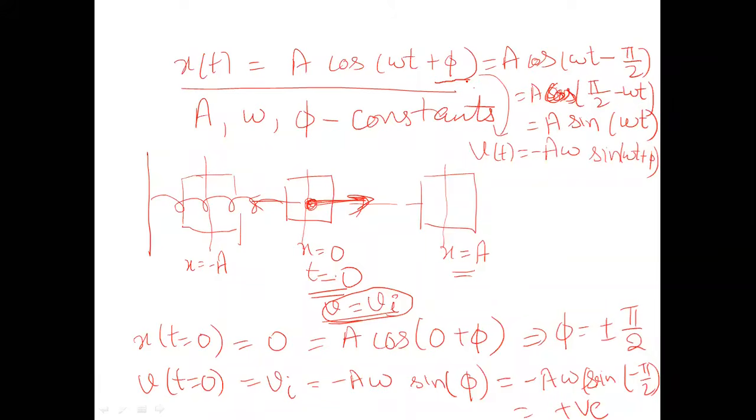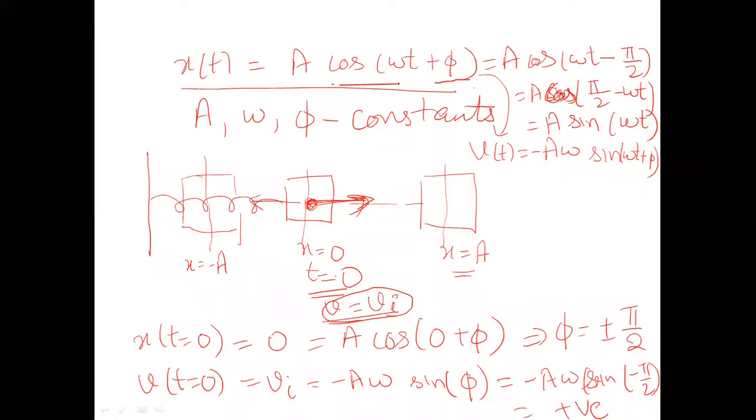But when I was taking cosine, I said phi was equal to 0. If you are taking a sine, then your solution will not have phi equal to 0. It's totally your choice whether you want to start with the cosine function or the sine function.